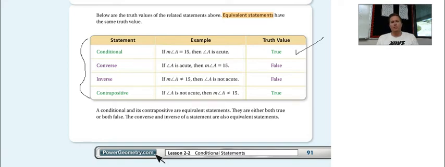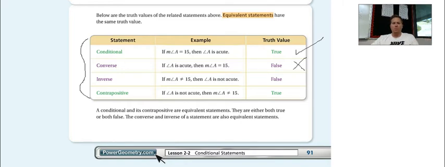The converse, remember, we're switching them. So we're saying, if A is acute, then A is 15. Well, no, that doesn't make sense. That would be false, because A could be 14 and be acute, or A could be 80 and be acute. The inverse would say, if A is not 15, then A is not acute.